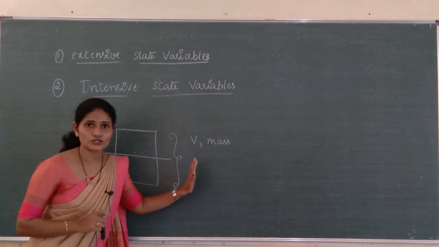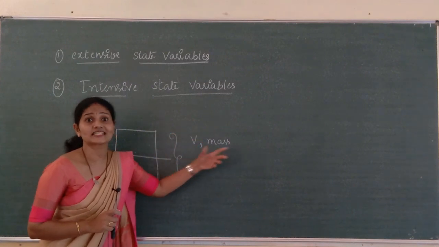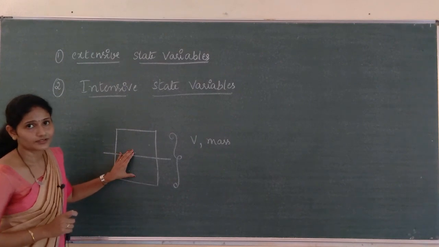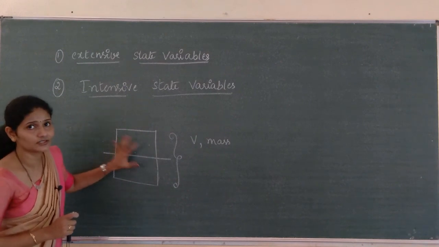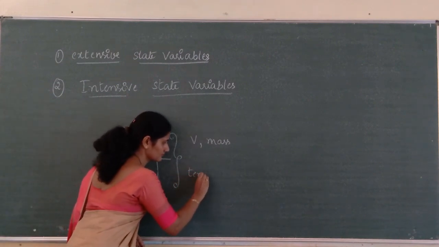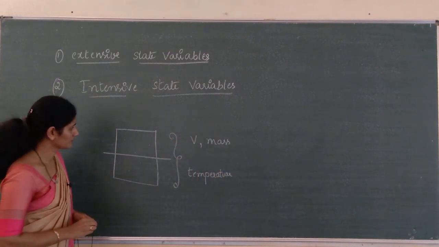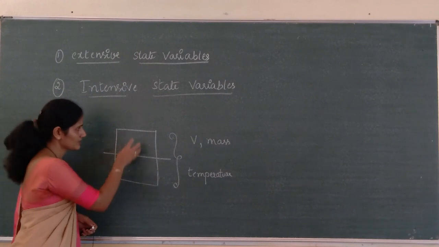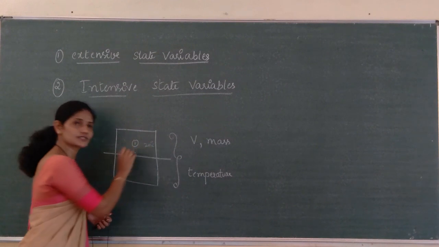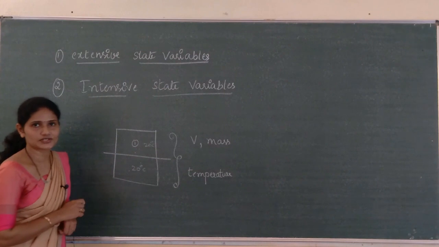If a quantity depends on the size of the system, then we can say that quantity is extensive. If a quantity is independent of the size of the system, for example, temperature. Here, for the first part, if the temperature is 20 degrees Celsius, for the second part the temperature remains the same, also 20 degrees Celsius.